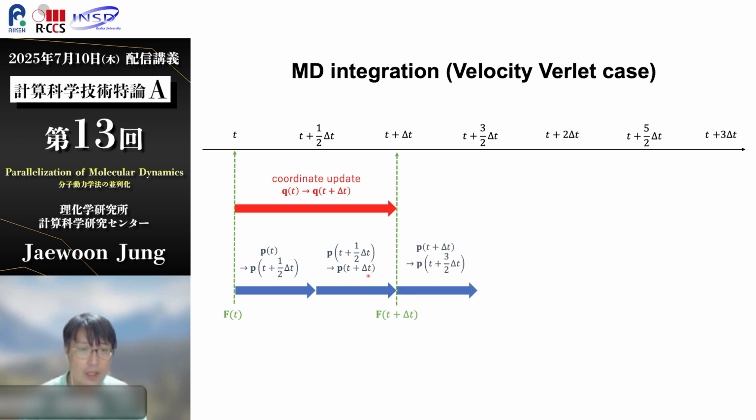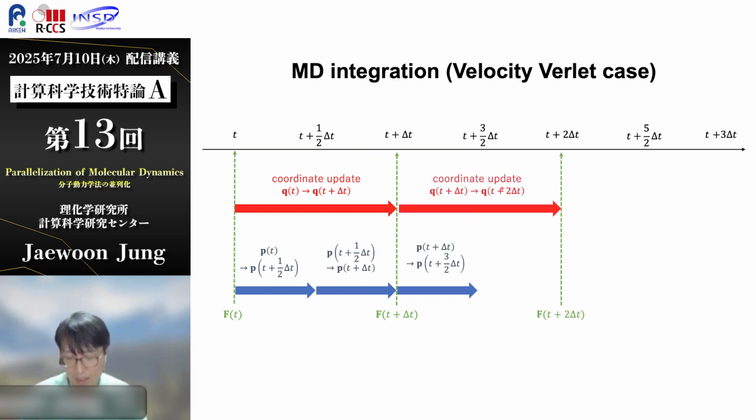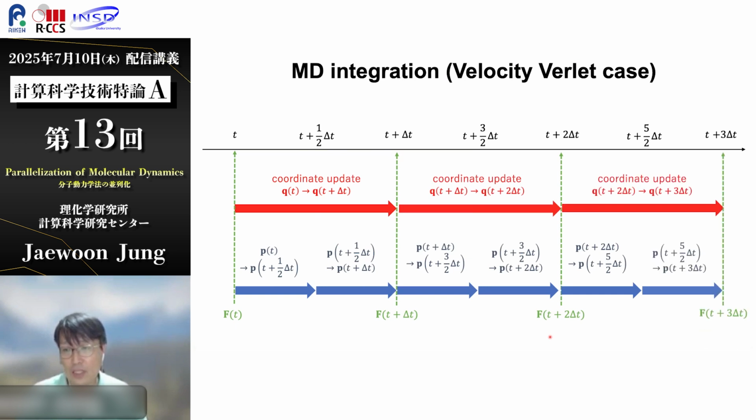Then we update the coordinate again and evaluate the force. We iterate these procedures over and over again, and in this way we can obtain the trajectory of coordinates or momentum. This trajectory of coordinates can be used to obtain many statistical properties.